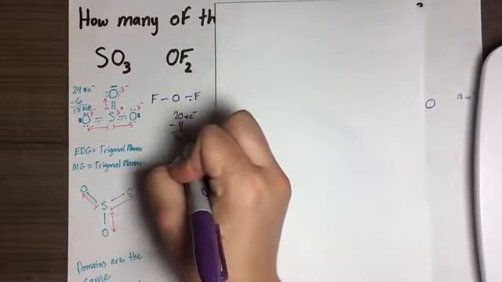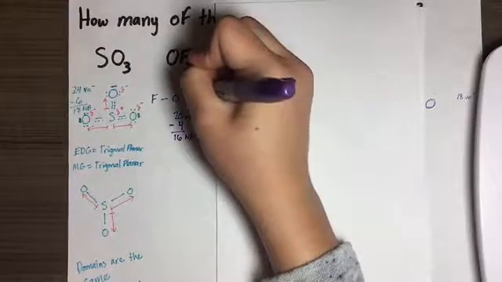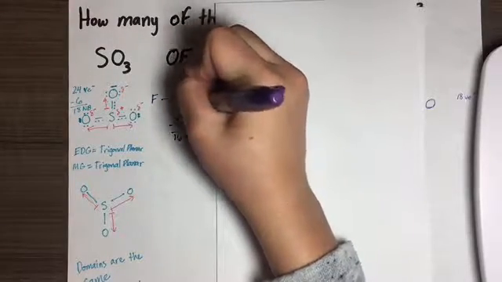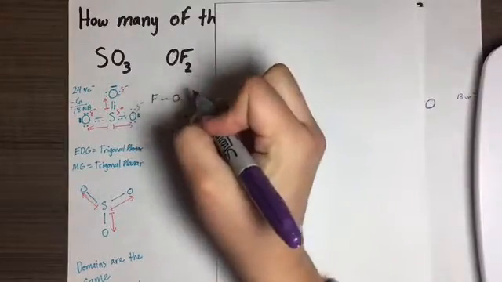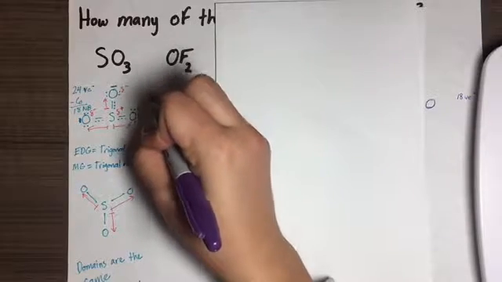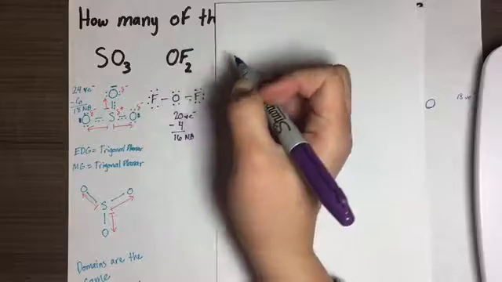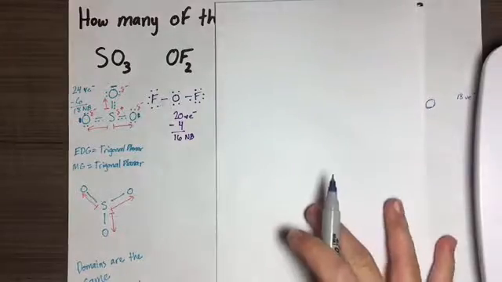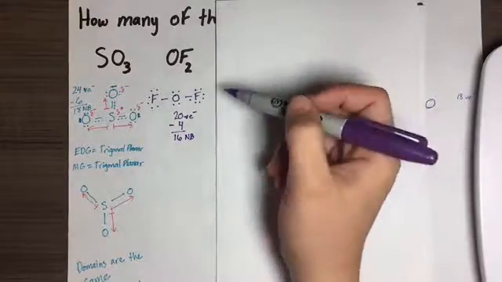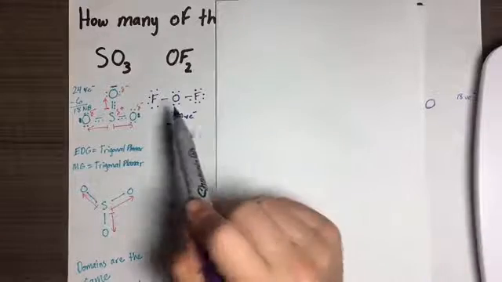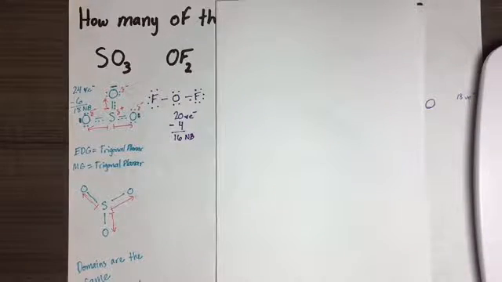We'll get 16 non-bonding electrons to add on the outside. So 6 will go here, 6 will go here, and 2 pairs of non-bonding electrons will go on the middle oxygen. So this fulfills all our octets.